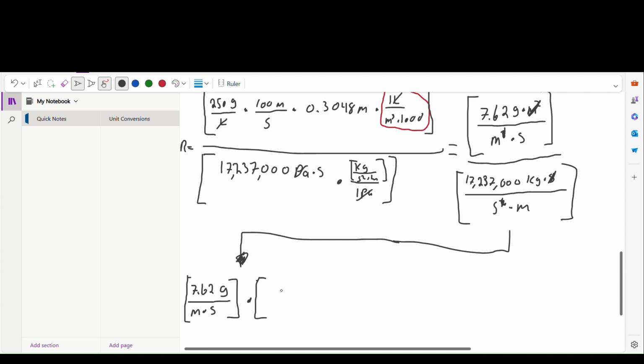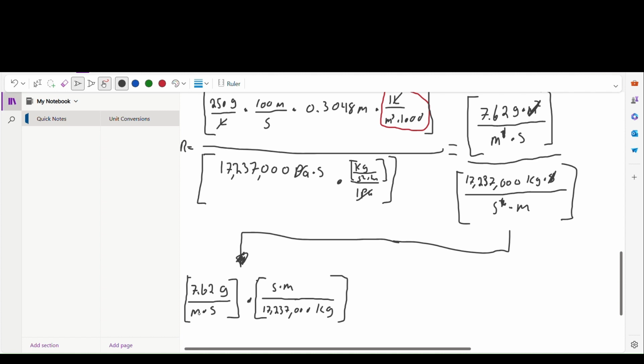You will now have seconds times meters divided by kilograms. But instead of just kilograms, I'll make sure to write the number. I know it's a long pain in the butt number, but 17,237,000. This will be kilograms. Boom.